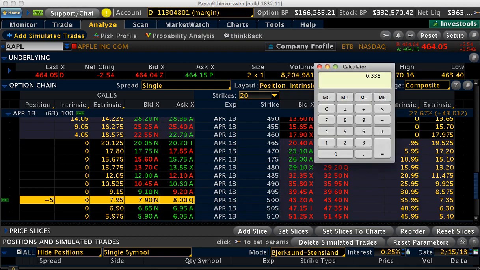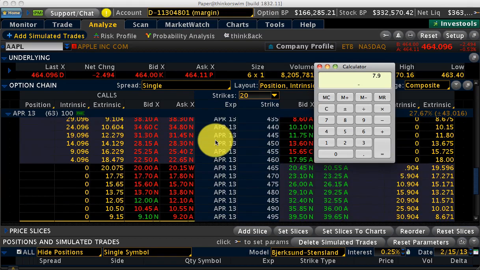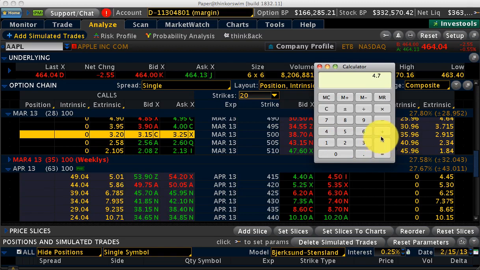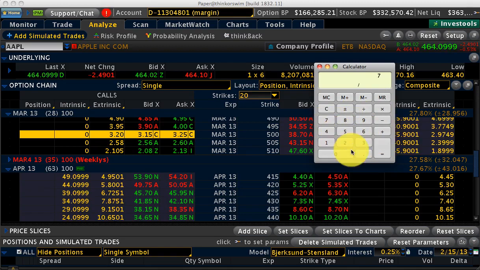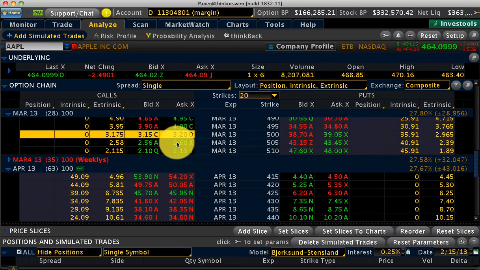So if we bring back our calculator, let's do 7.95 minus 3.2 divided by 7.95 equals 59%.